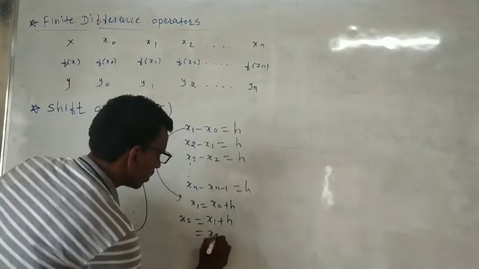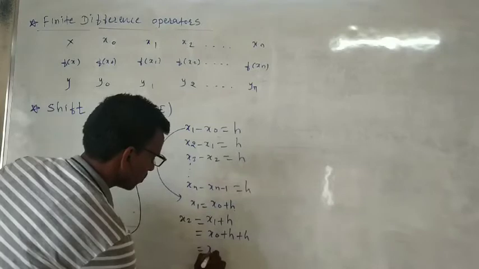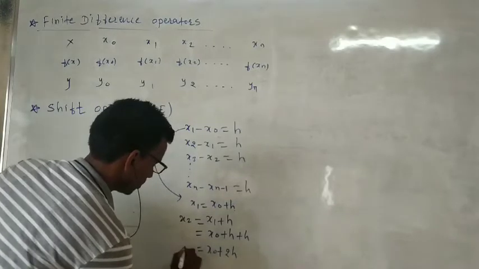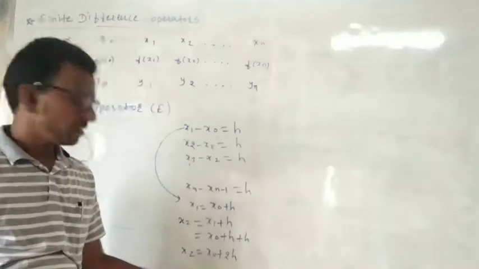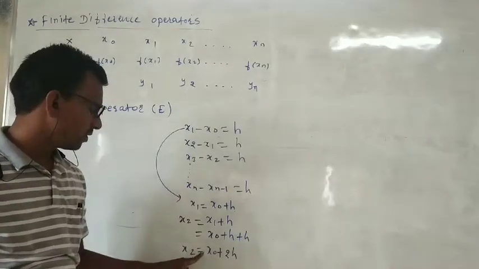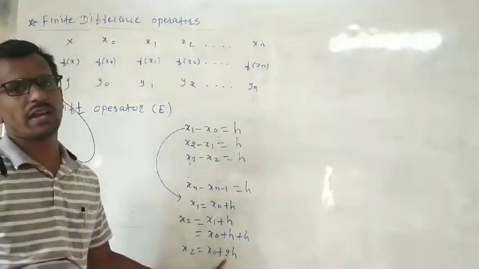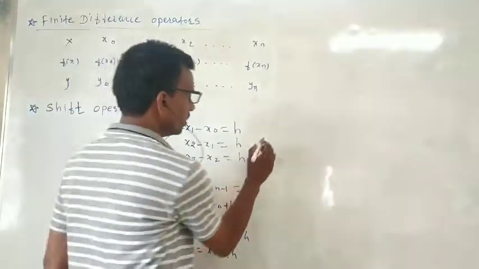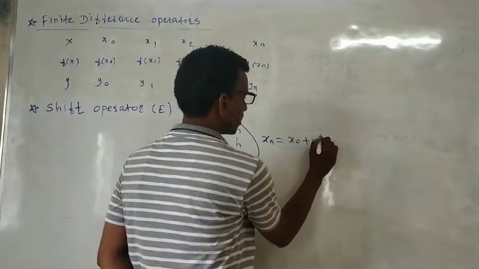This is equal to x0 plus 2h. x2 is equal to x0 plus 2h. Similarly, x3 is equal to x0 plus 3h, x4 is equal to x0 plus 4h, x5 is equal to x0 plus 5h. And in general, we can write xn is equal to x0 plus nh.